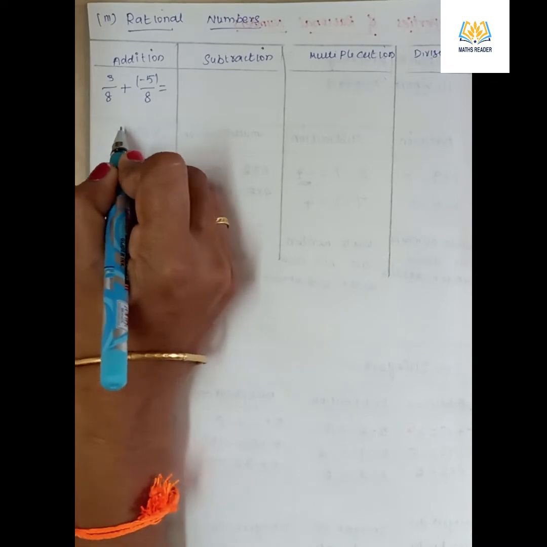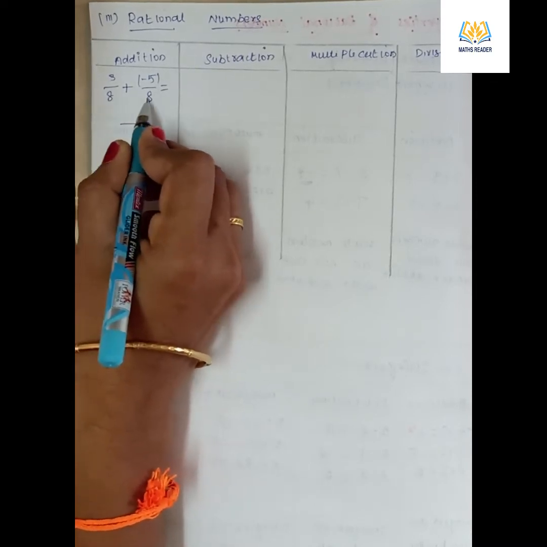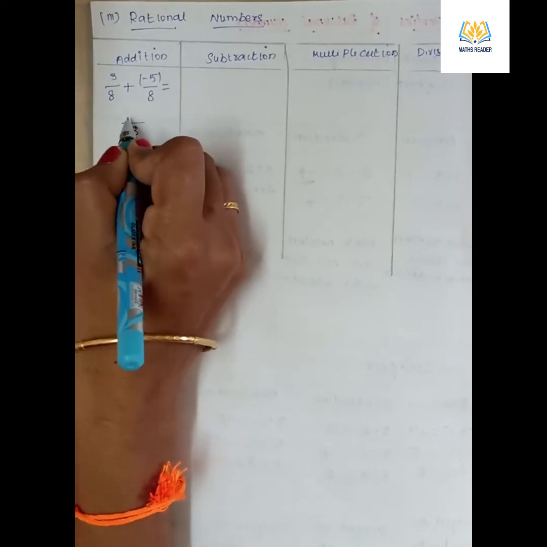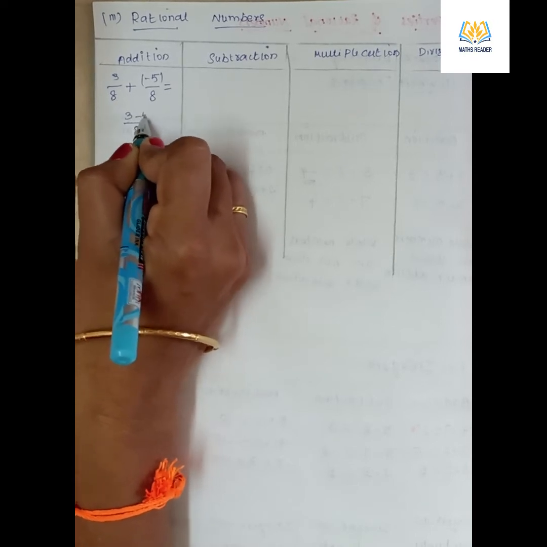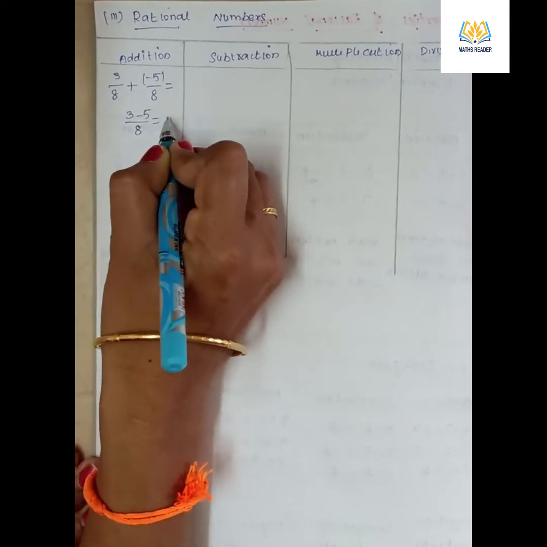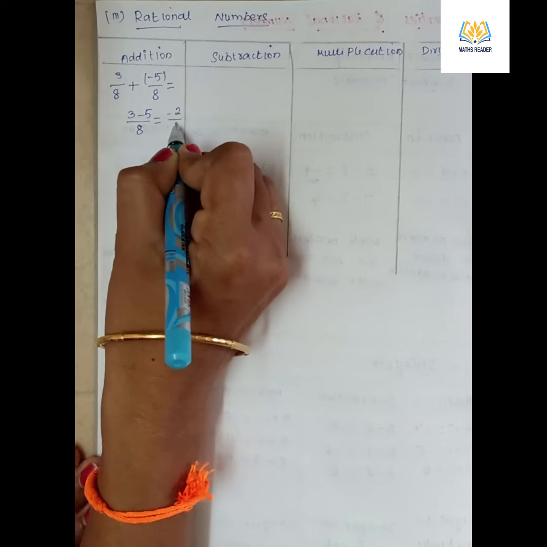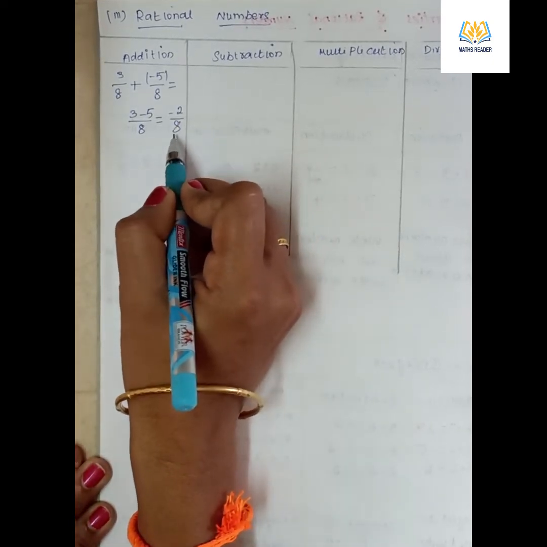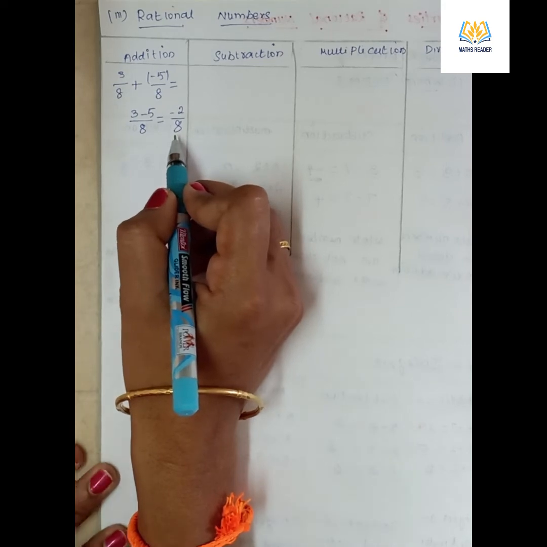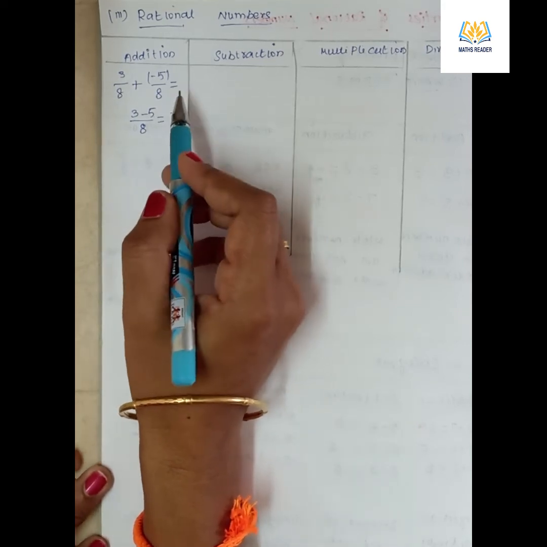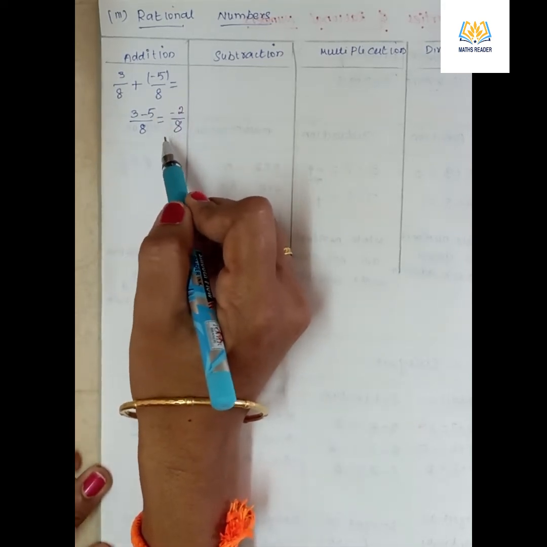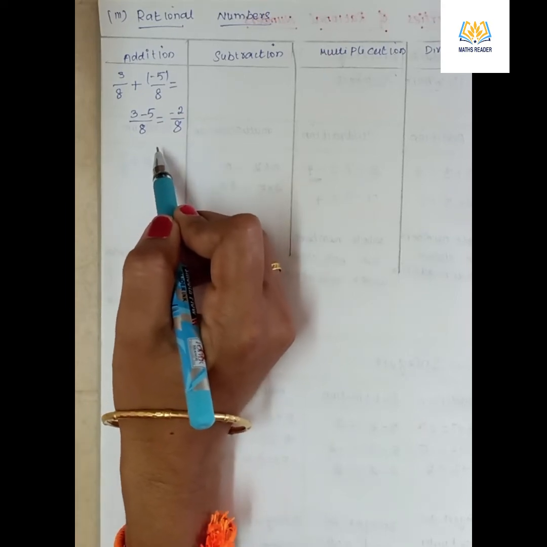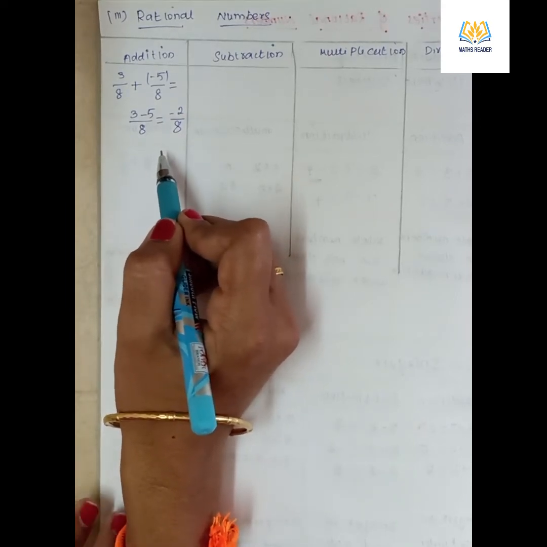Now if we add them, what do we get? The denominators are the same, so the LCM is 8. 3 minus 5 is equal to minus 2 by 8. So minus 2 by 8 is a rational number. So rational numbers are closed under addition. Addition satisfies the closure property.